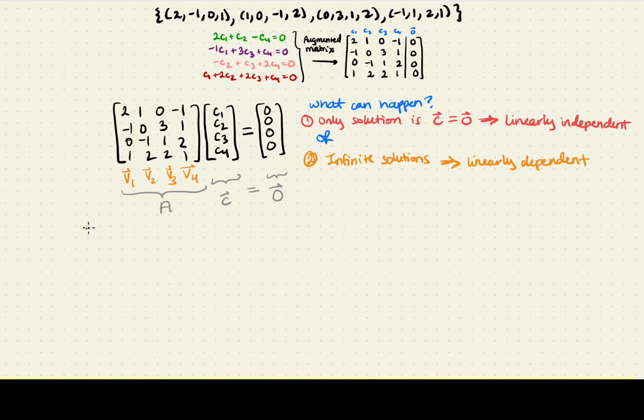So what we can say is that in order for the vector C equals the 0 vector to be the only solution to the homogeneous system AC equals 0, we need A to be invertible.